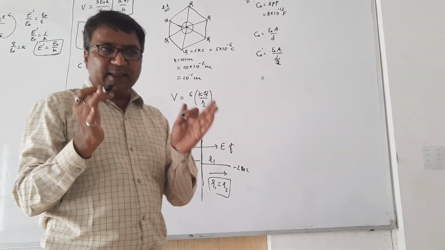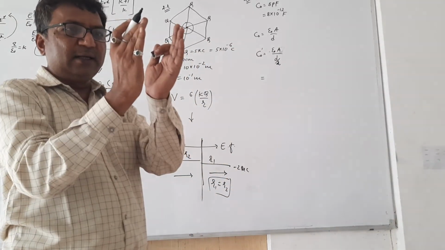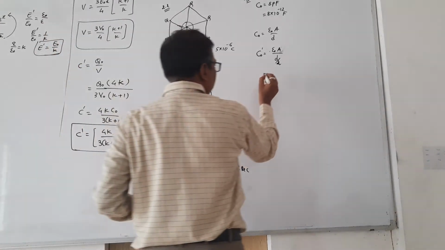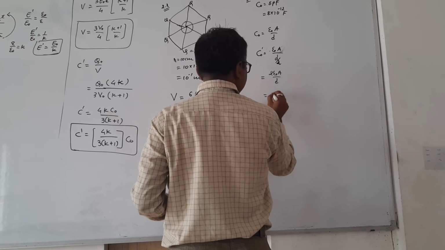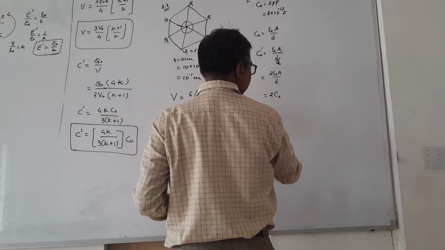You are reducing the space. So it is 2 epsilon 0 A by D. So it is 2 C0.